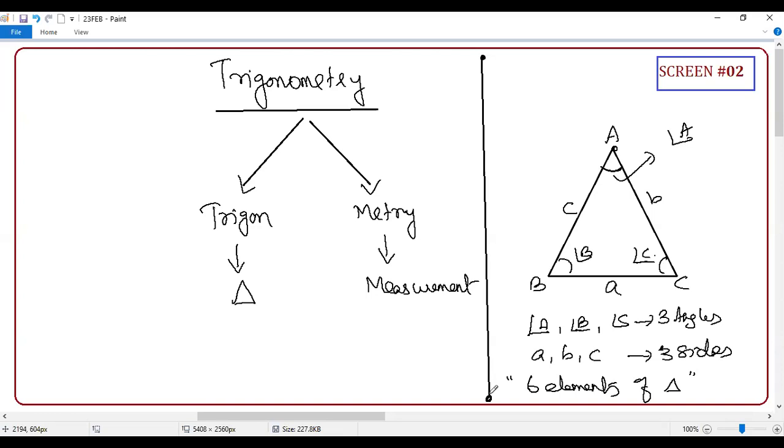So just to understand, trigonometry is triangle measurement. A triangle has six elements, three angles and three sides. If I give you the angle, I can ask you to find the side. If I give you the side, you can find the angle. Somehow these six elements rule the entire trigonometry, students.